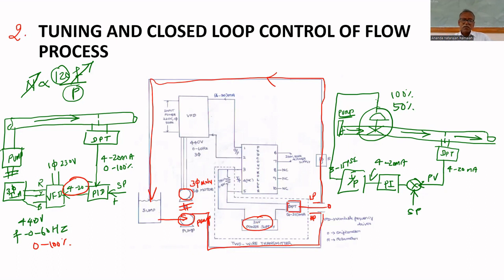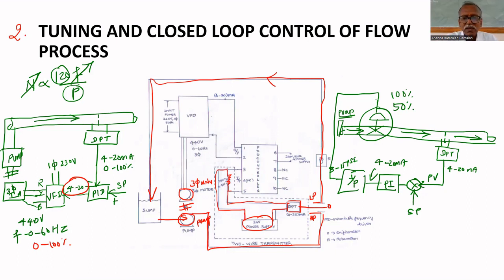A 24 volt power supply is there. That is in series with the DP transmitter and the 250 ohm resistor. That's all. So across 250 ohm resistor, the voltage drop across the resistor is 1 to 5 volt.